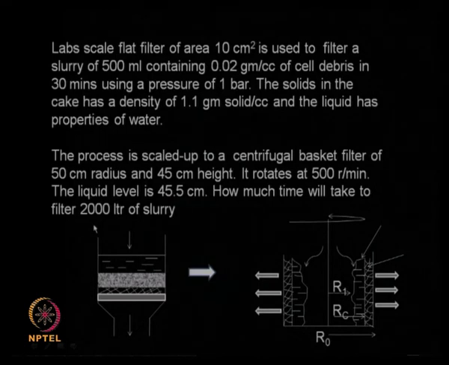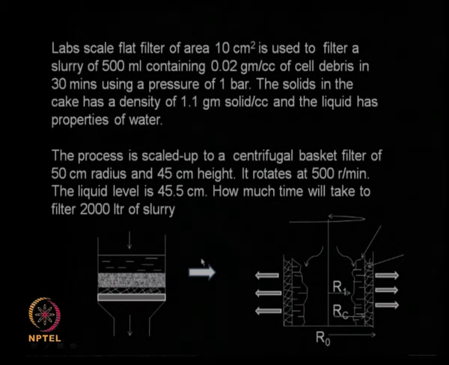The data that is given is you want to filter 2000 liters of slurry and the solids in the cake have a density of 1.1 gram solid per cc, correct, and then you know the overall radius of the centrifugal filter. So we can do a mass balance and from there we can calculate what will be the thickness of the cake, that means we can calculate what will be the RC, understand.